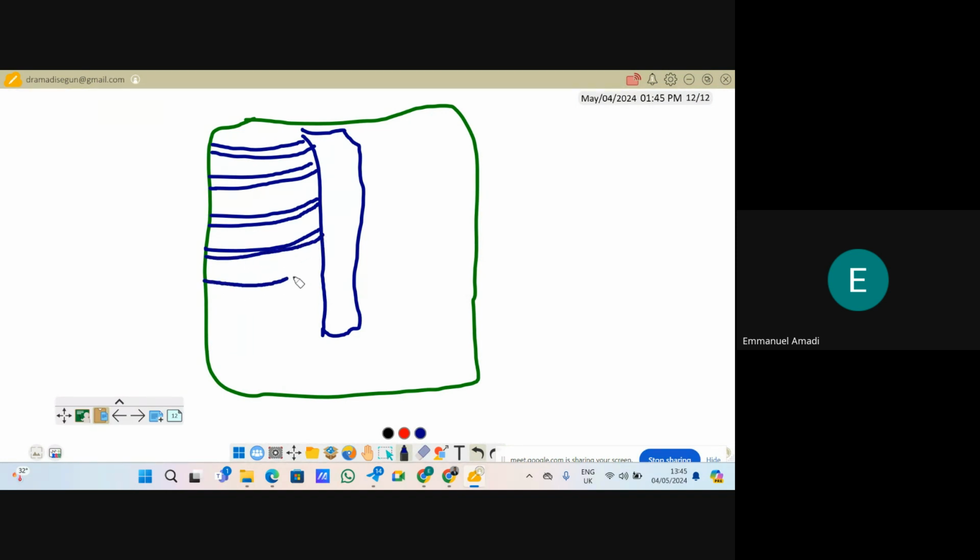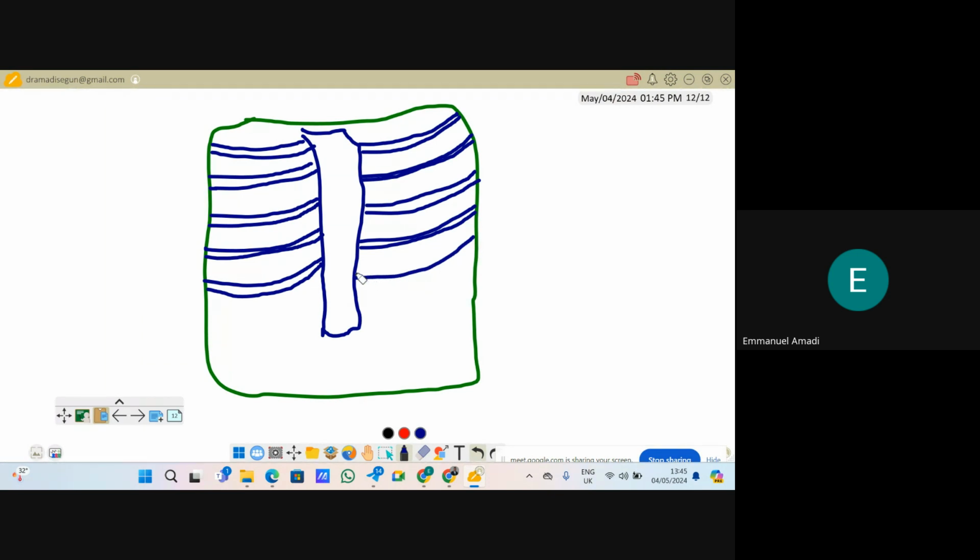And this is the fifth rib. Let's also reproduce the same thing on this side, like the third, and this is the fourth, and this is the fifth, on both sides.